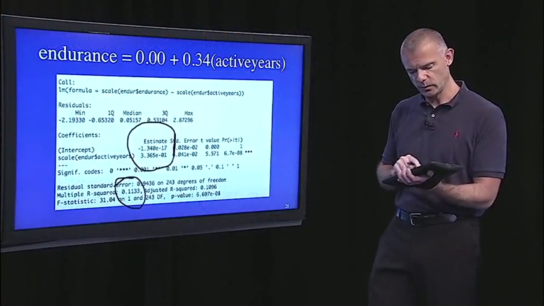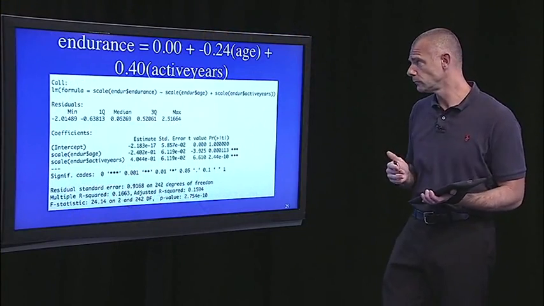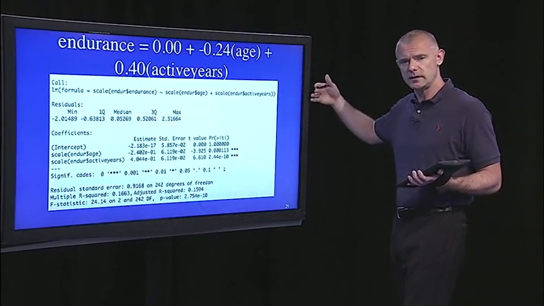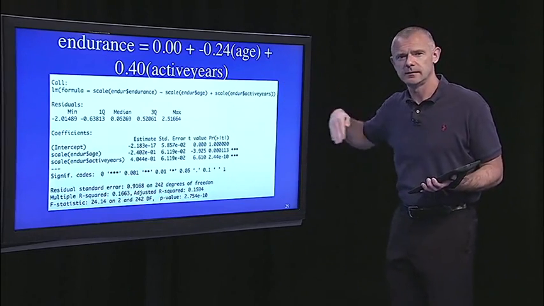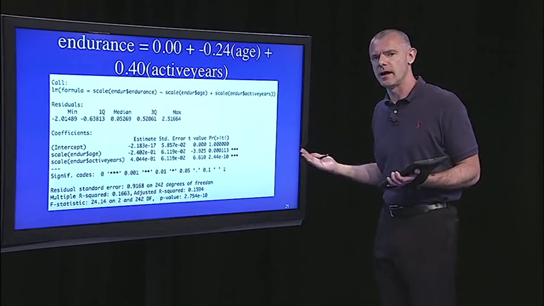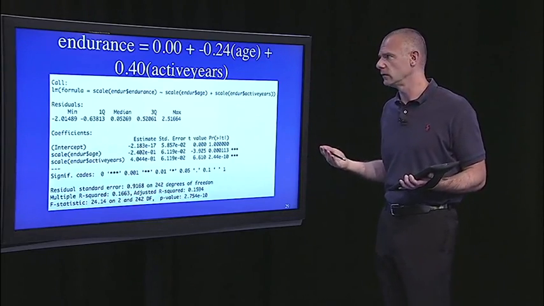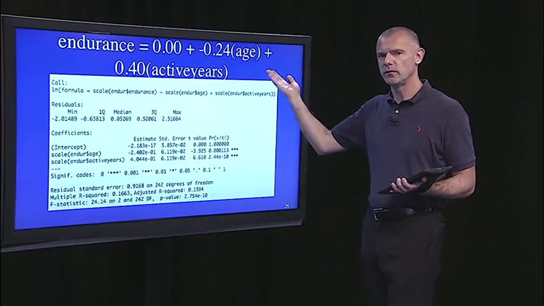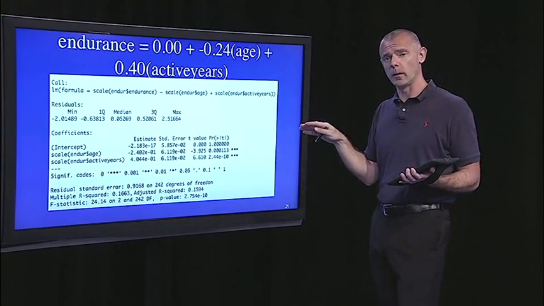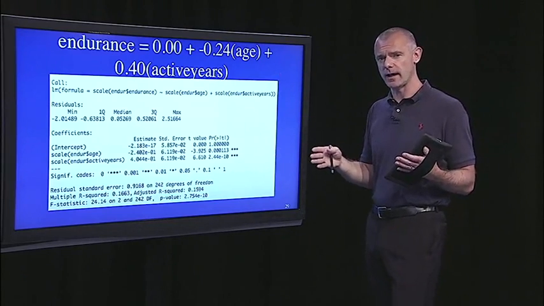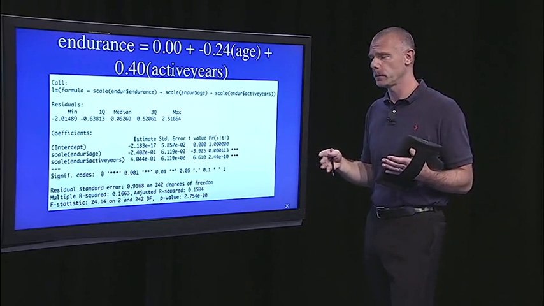But what happens when we put them both in together? This is where we see that interesting pattern I was mentioning, and hopefully it's easier to see now that we're dealing in standardized units. Remember, age before was negative 0.13. Now we're up to negative 0.24. Remember, it's just the absolute value of these things that matters, right?